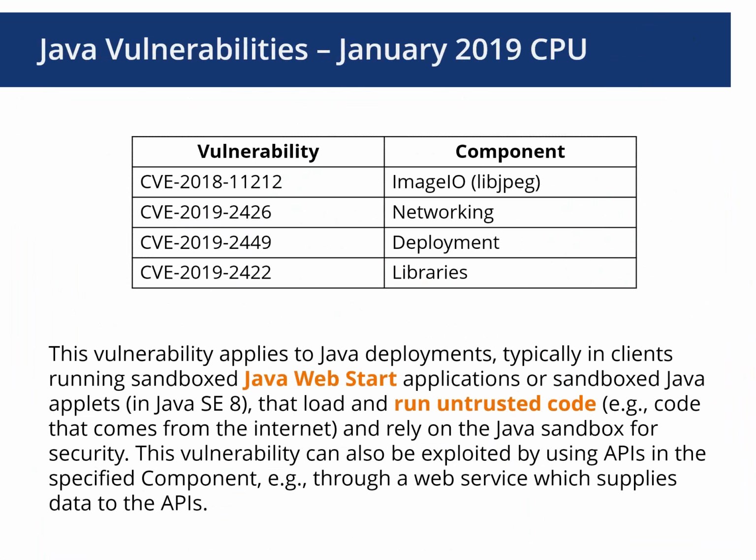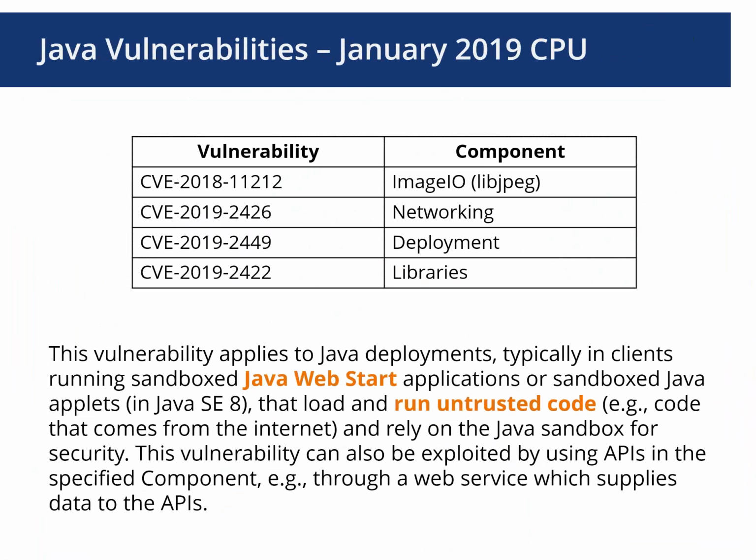If you're running WebStart and I can pass in a phishing URL and get one of your end users to click on that, you can compromise the entire machine. I can break out of the Java sandbox and execute code on the desktop machine. Two of these I can also reach through the application: one's a deserialization and one's within the REST libraries, where I can do something on the application server.